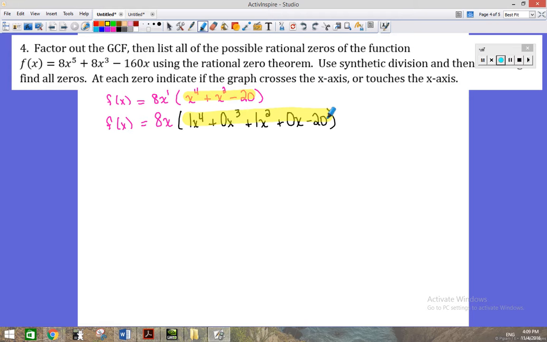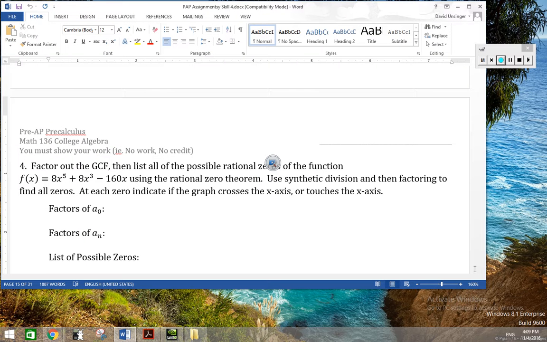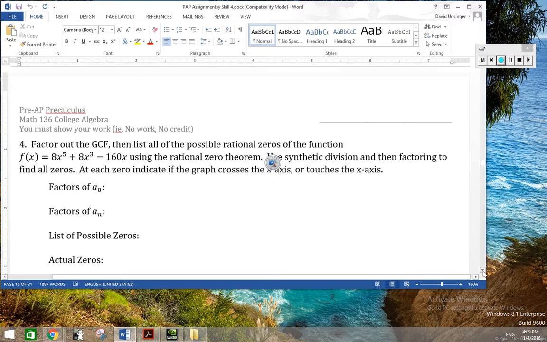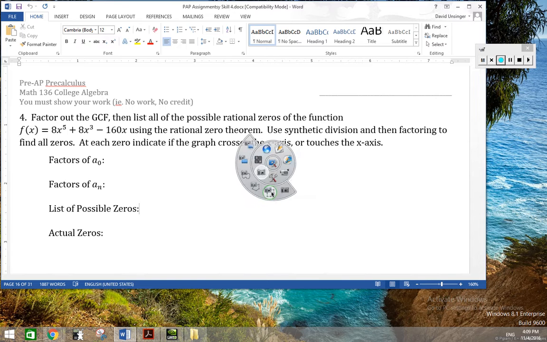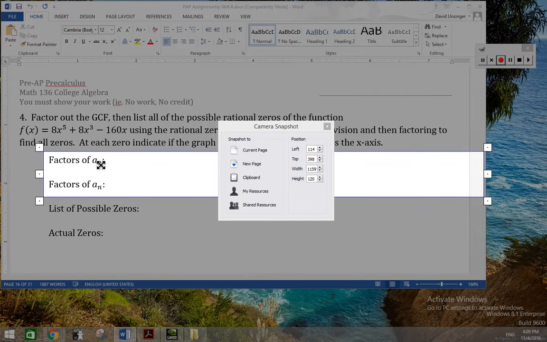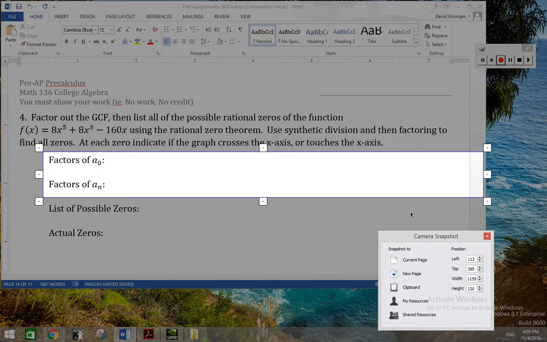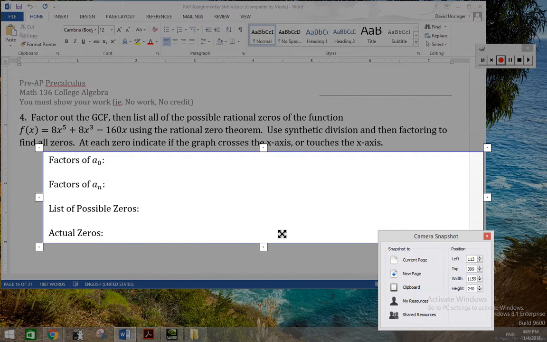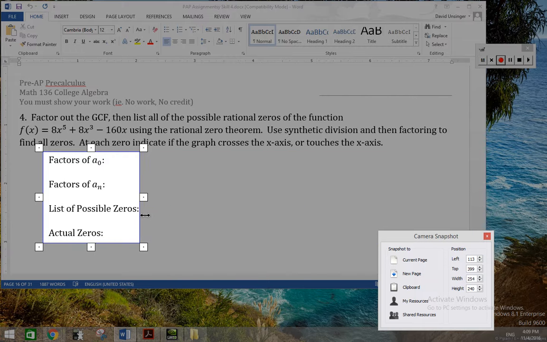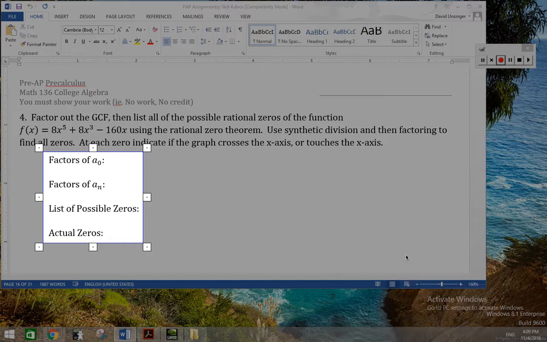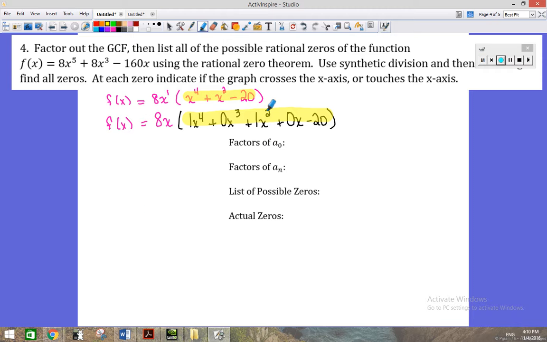Now I'm ready to focus my attention on this polynomial when it comes to identifying the factors of the constant term and leading coefficient. At least for now, these questions will all be in reference to this new polynomial.